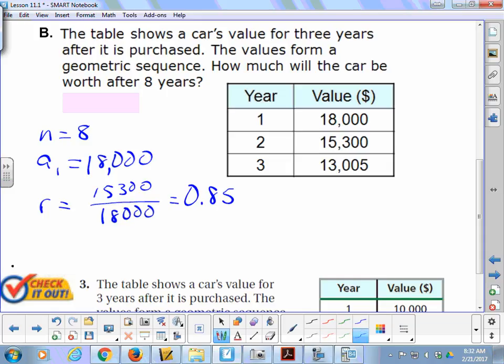So a sub 8, 18,000 times 0.85 to the power of 8 minus 1.